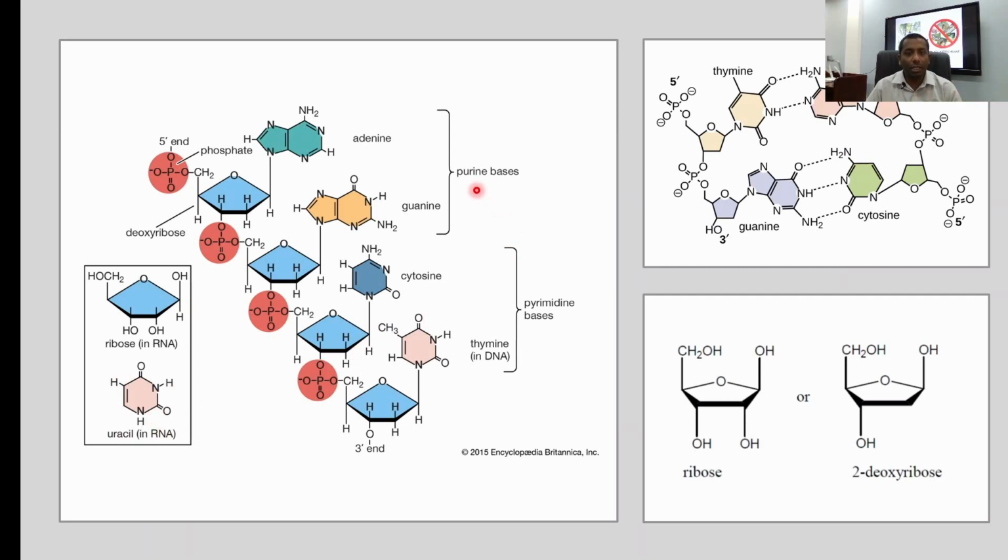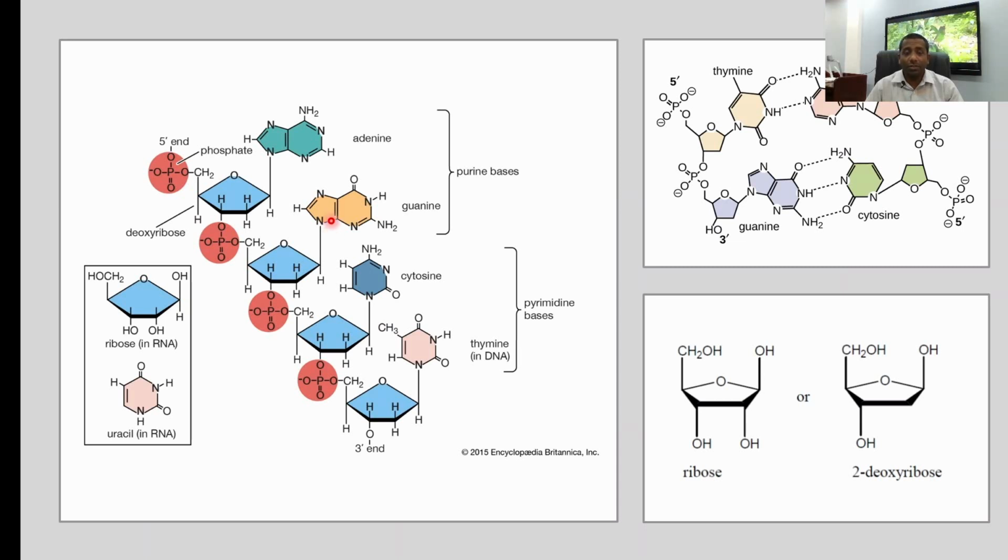Then there are two types of purine bases in DNA molecules: adenine and guanine. These are much larger than the pyrimidine bases because other than the six-membered structure, there is a five-membered structure attached to the six-membered structure.